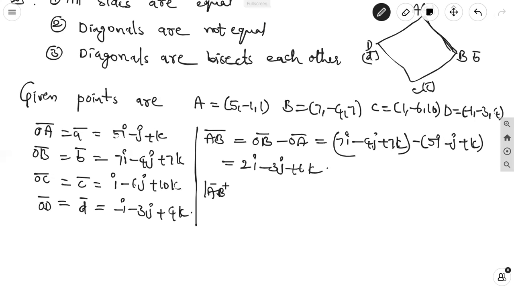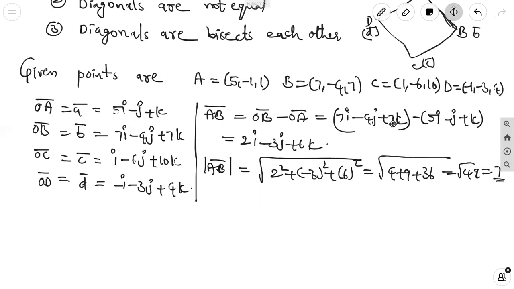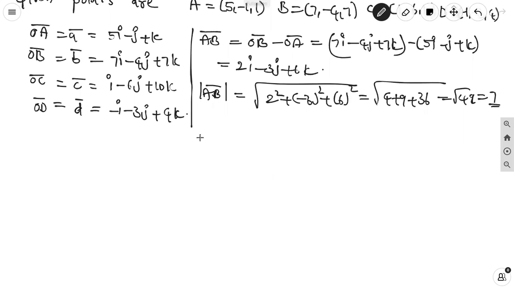Modulus of AB vector is the square root of 2 squared plus (minus 3) squared plus 6 squared, which is the square root of 4 plus 9 plus 36, that is 49. Root 49 is 7. The length is 7.